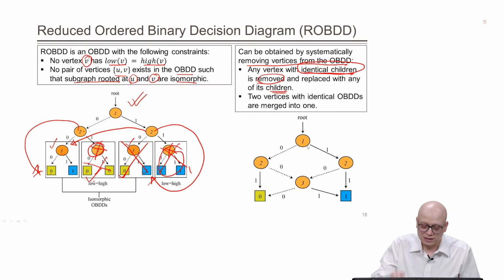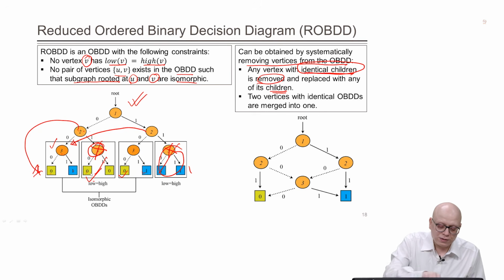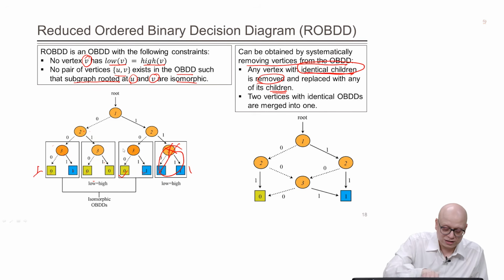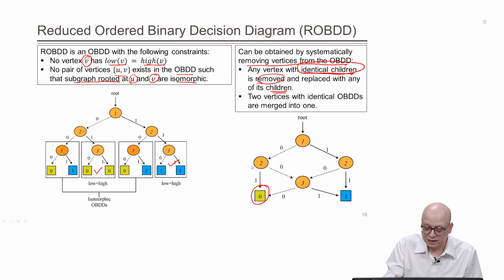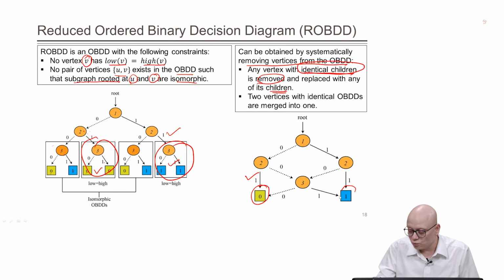What we have done is simply removed these two vertices which lead to identical subgraphs. We have removed this, and corresponding to 1 we now have 0 directly. Corresponding to this we have only this edge, and corresponding to this 1 we have removed this and got one vertex.